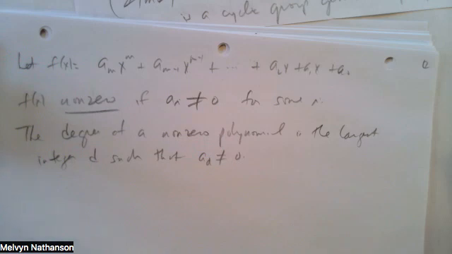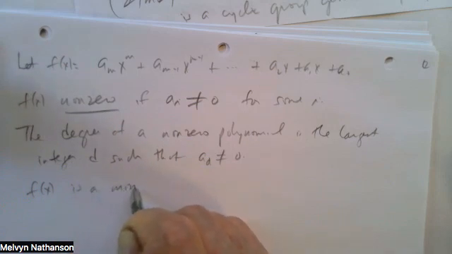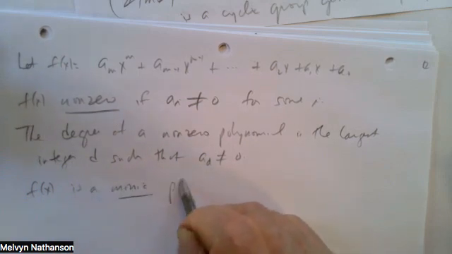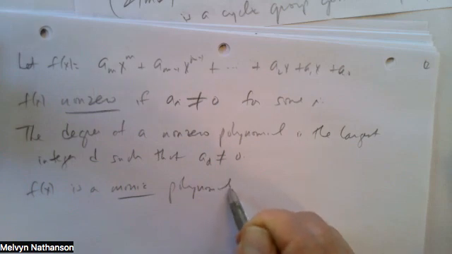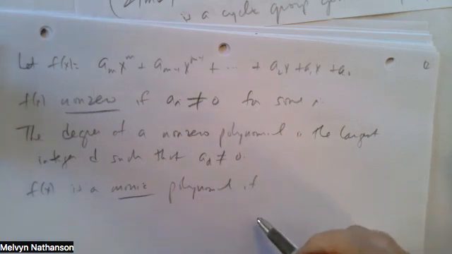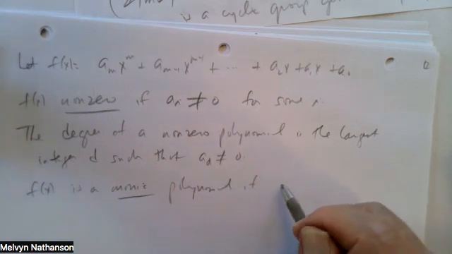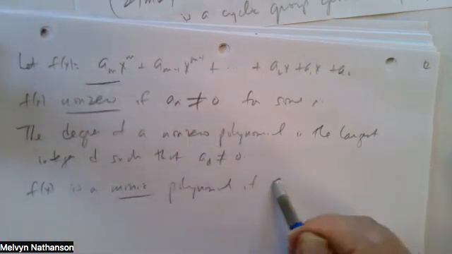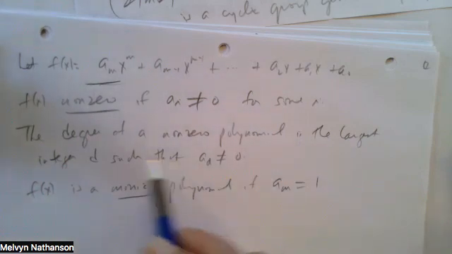And one kind of polynomial is particularly interesting. So f of x is a monic polynomial if we write it in this form, a sub m is equal to 1.